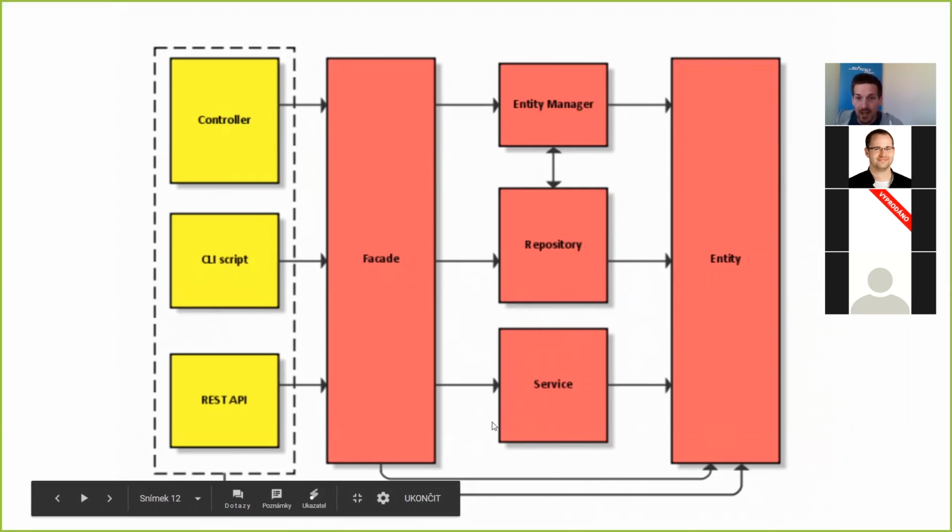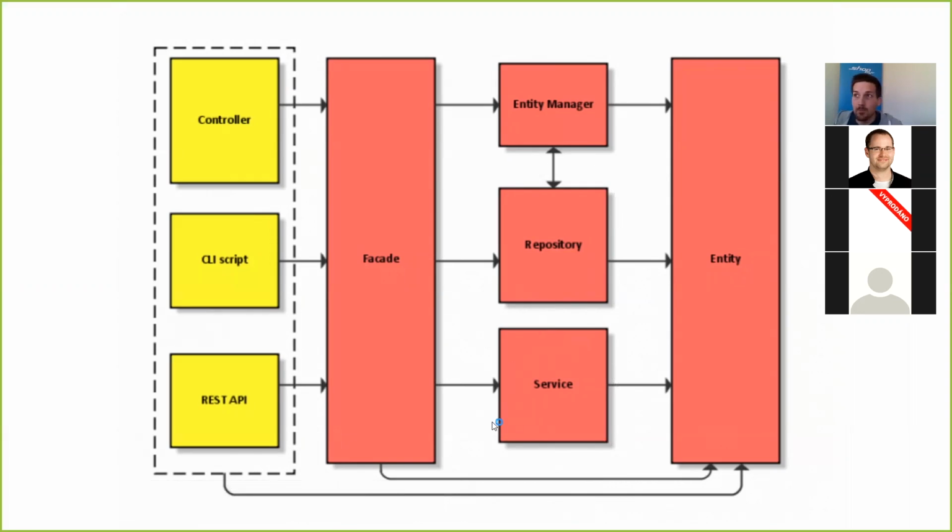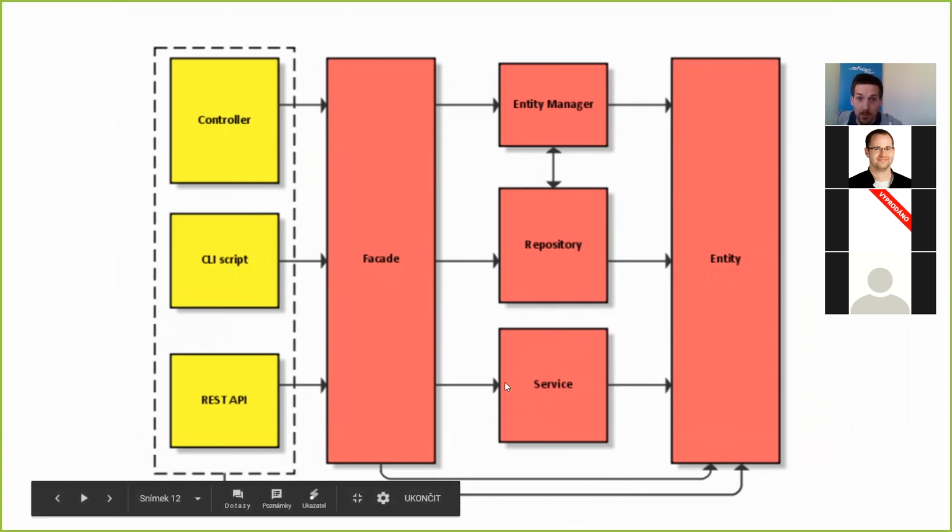This is basically a class that should be independent of the persistence itself. You can notice that services do not communicate with things like entity manager or facade or repository, because these things, facades, entity manager, and repositories, are dependent on the persistence layer.